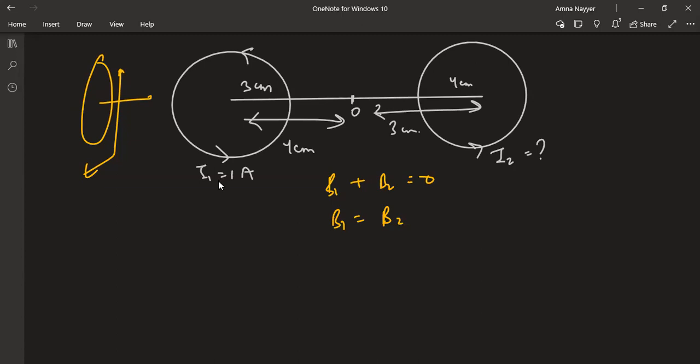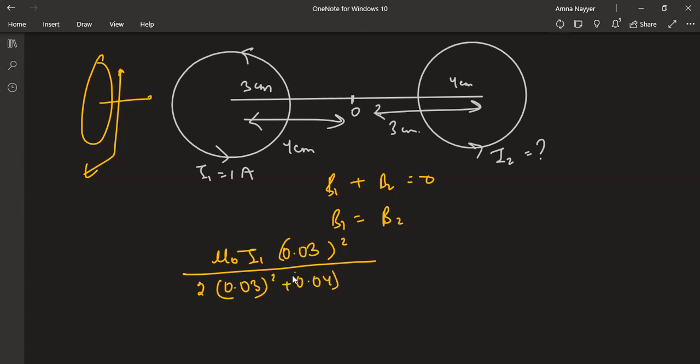Now see, the magnitude of the magnetic field due to current I1 will be mu naught I1 times 0.03 whole square by 2 into (0.03 whole square plus 0.04 whole square) to the power 3 by 2.